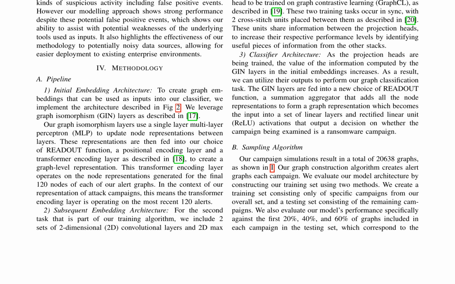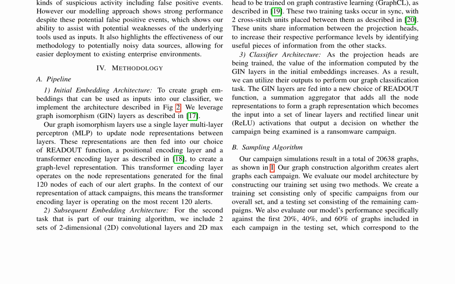The classifier architecture utilizes the outputs of the GNN layers and feeds them into a new readout function, a summation aggregator, which adds all node representations to form a graph representation. This representation is then inputted into a set of linear layers and rectified linear unit (ReLU) activations that output a decision on whether the campaign being examined is a ransomware campaign.